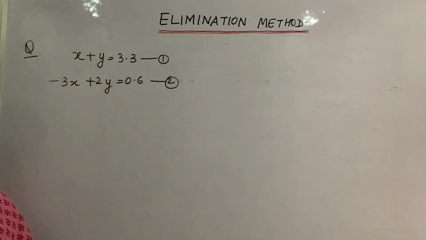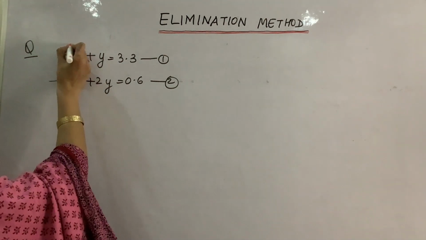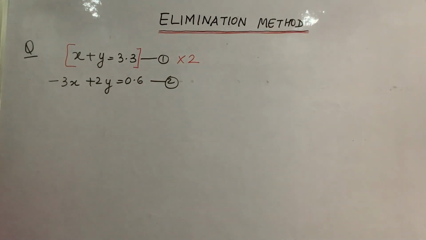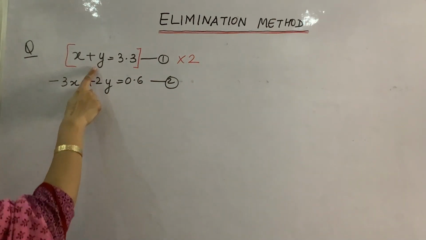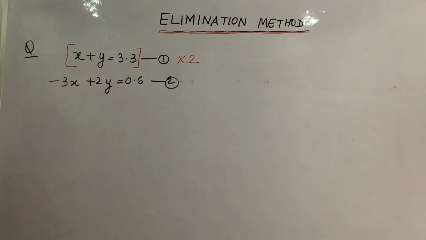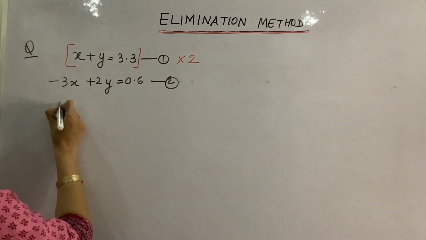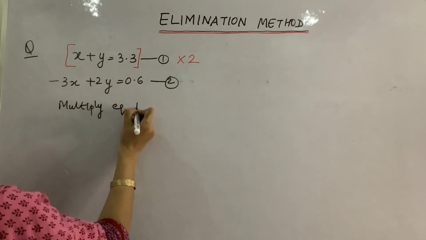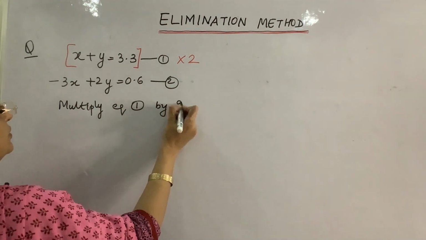So let us multiply the first equation with 2. If we multiply this equation with 2, then this coefficient will become equal. So multiply this entire equation, write down, multiply equation 1 by 2.